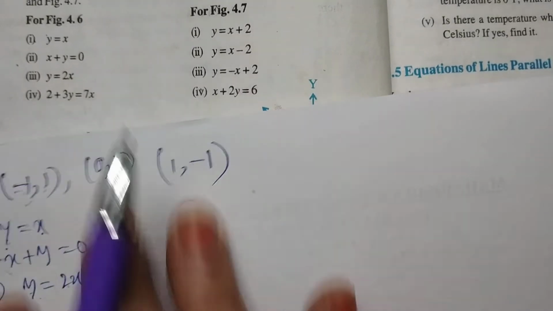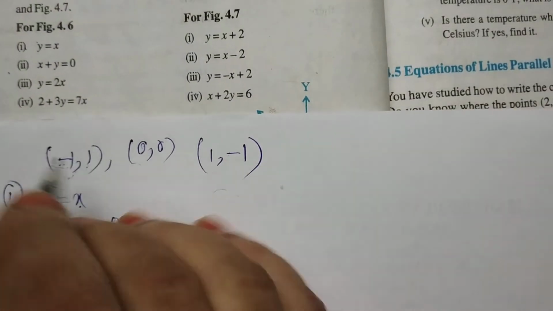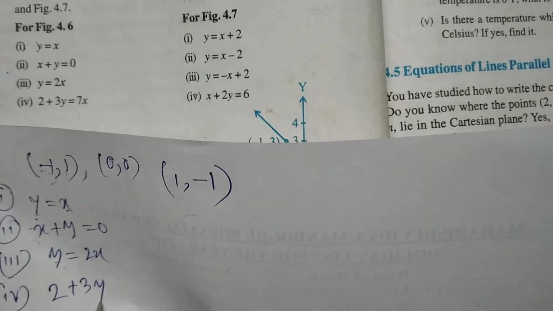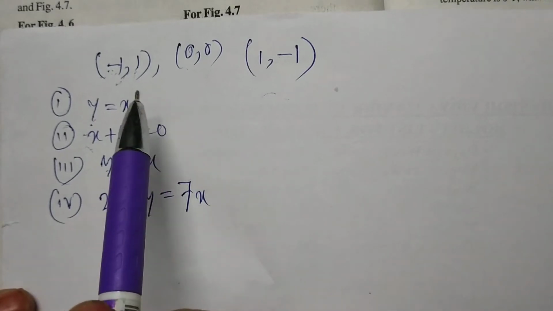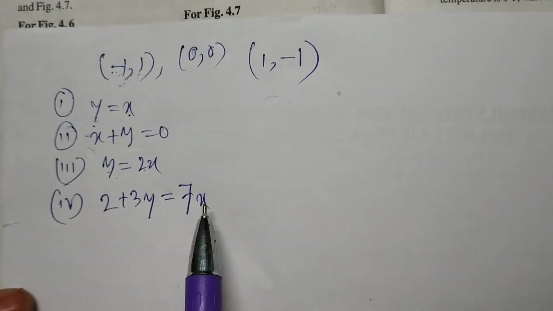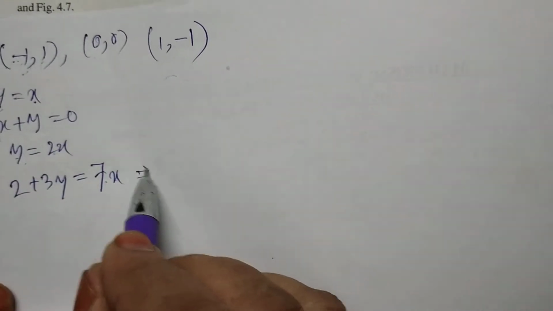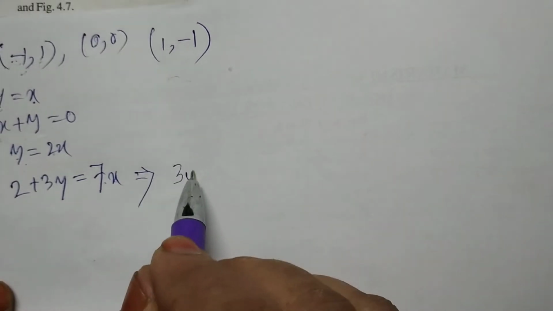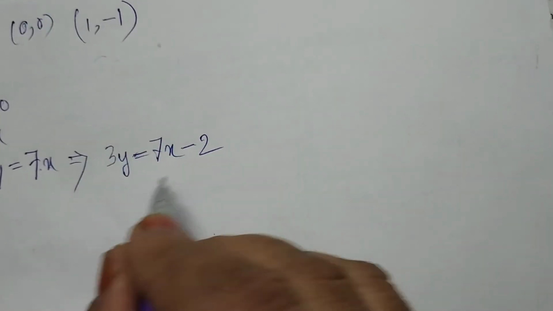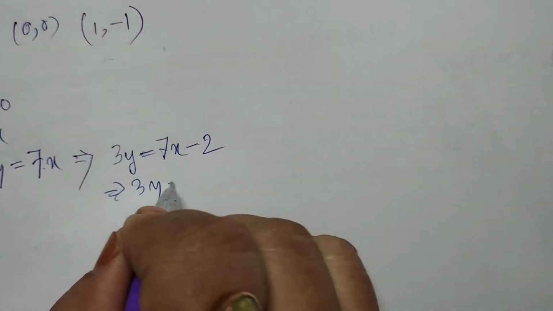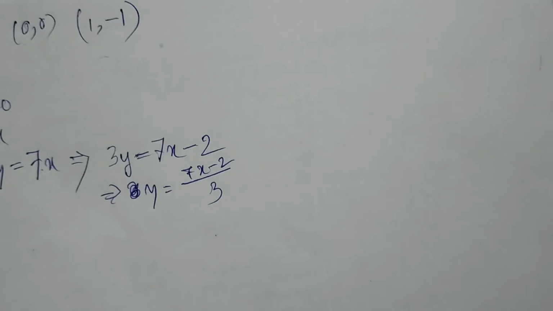Next, fourth equation. We take 2 plus 3y equal to 7x. This equation we can simplify this way also: 3y equal to 7x minus 2, that means y equal to (7x minus 2) by 3.